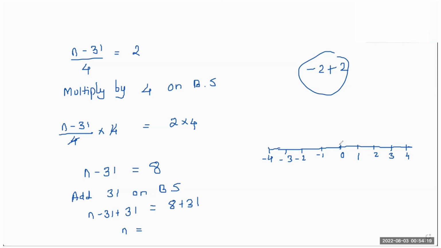If I go to minus 2, where will I reach? 2 steps to the left, right? Now I have to go plus 2. So 2 steps to the right, right? Where did I reach? 0. What is the answer? 0. Exactly. If there is negative and positive of the same number, the answer is always going to be 0, right?